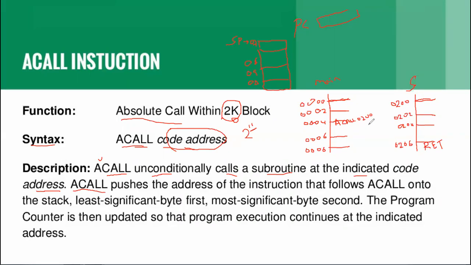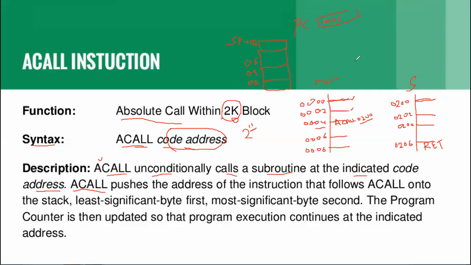Is it below 2 kilobytes? Yes, it is below 2 kilobytes. The first instruction is executed. The second instruction is executed. When it comes to the third instruction, that is 0004, this is being stored into 0006.